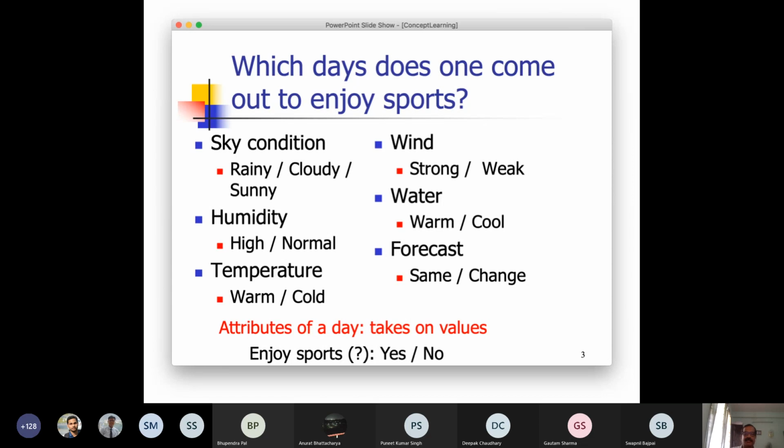If I consider this combination, let me write something and you tell me whether it is valid or not. I will use a short form of attribute values.